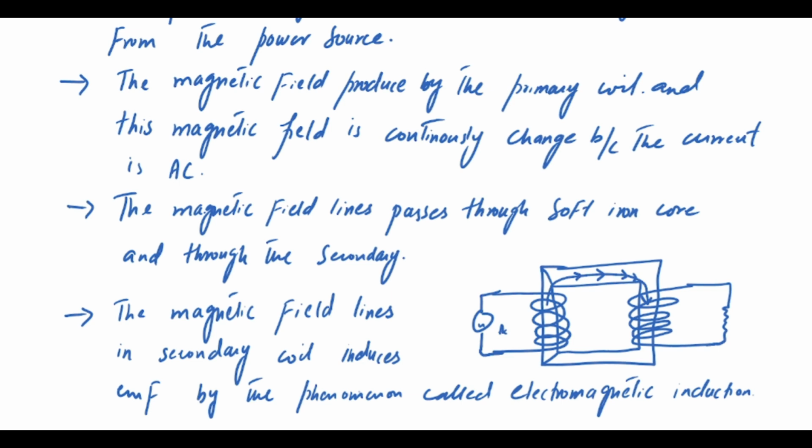Now these magnetic lines pass through the soft iron core and also through the secondary coil. After that, the magnetic field lines in the secondary coil induce EMF, because according to Faraday's law we know that whenever there is a change in magnetic field lines or whenever there is a change of magnetic flux, an EMF will be induced in the coil.